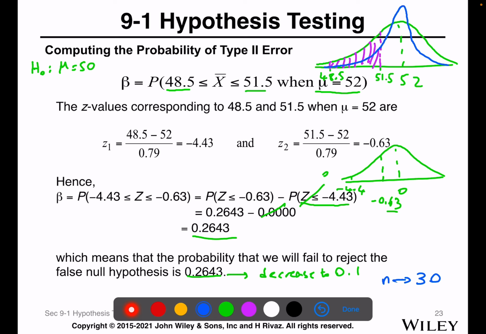And because of that, the new area under the curve will be only 10% instead of 26%. We will talk about this later on, how to calculate n from beta. Any questions? I'm actually not sure the answer is 30. It's basically a number larger than 10. We will see the equation for that.